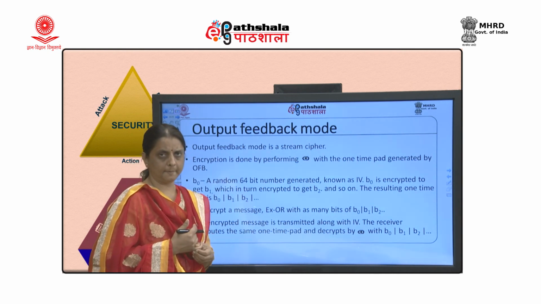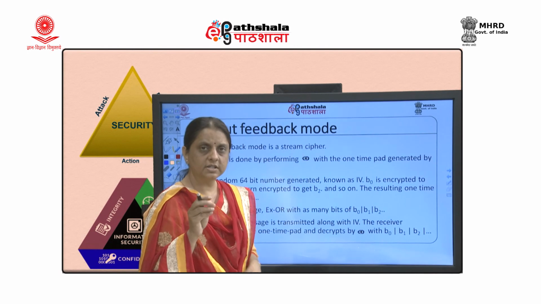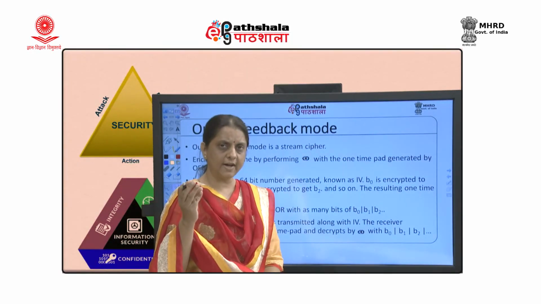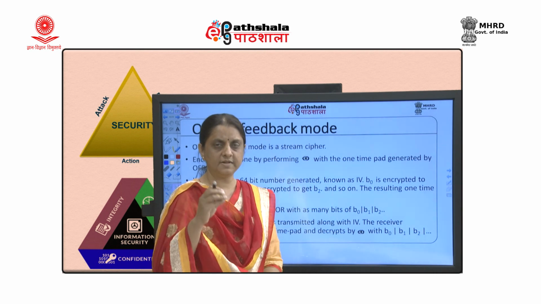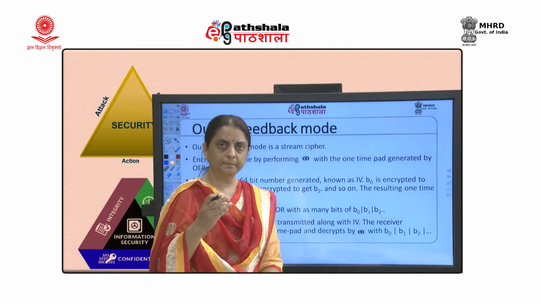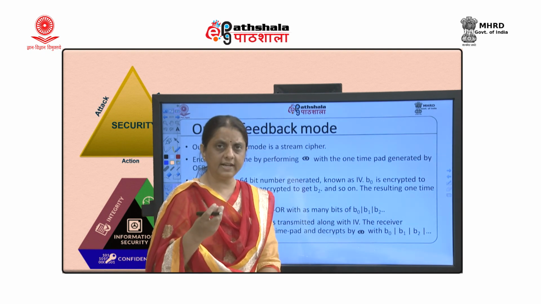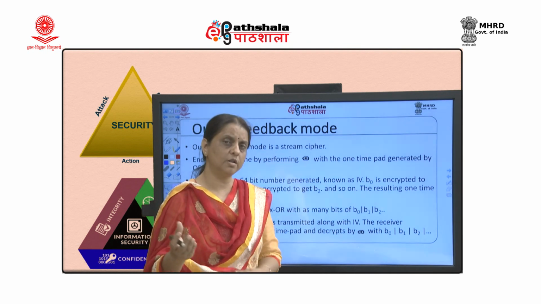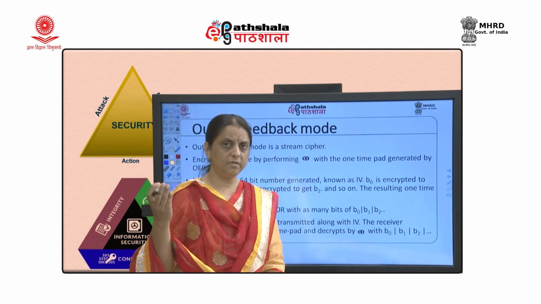Just to focus on this, what we are trying to say is that the initialization vector would be communicated between sender and receiver. Out of that, the sender would be generating B0, B1 and B2. The same way the receiver would also be generating B0, B1, B2.